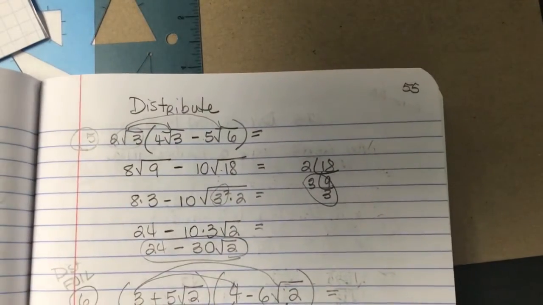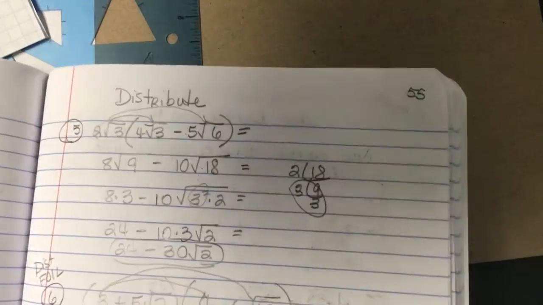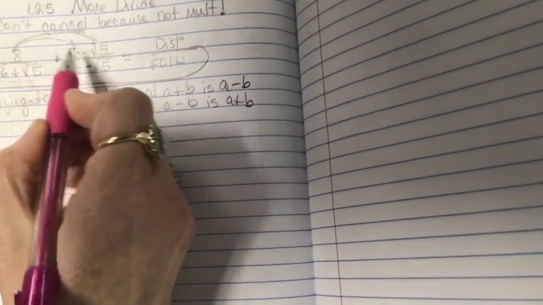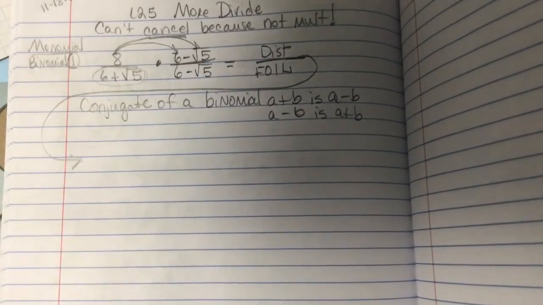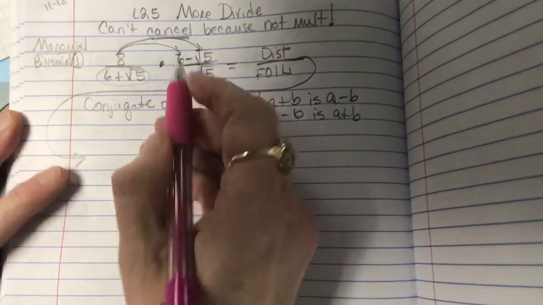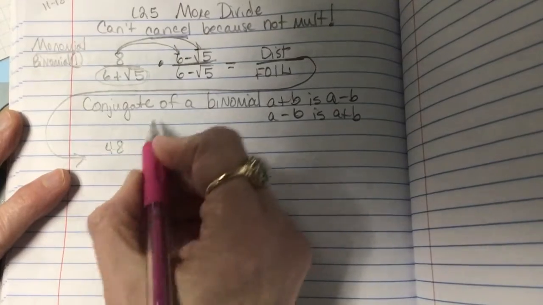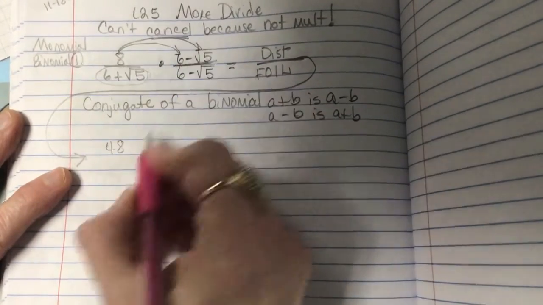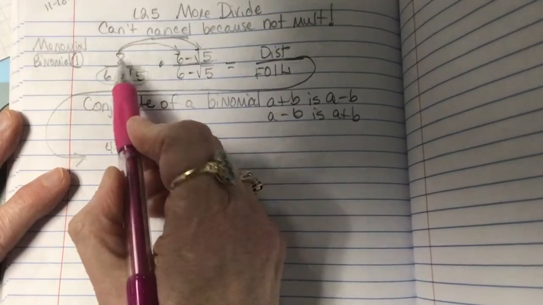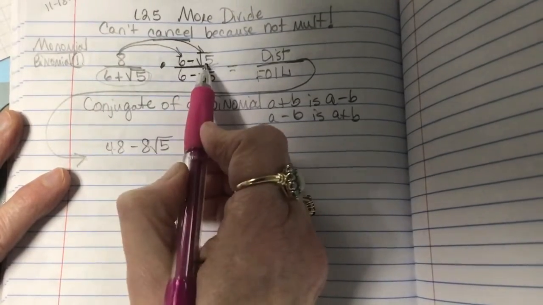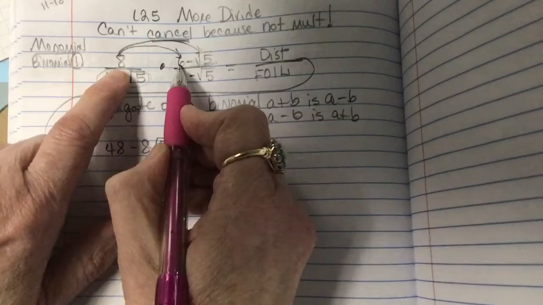Then we have one where we FOIL, and we're going to be using both of those from page 55. So on top, I'll take it slow, because once we get it, you've got the concept. It's just doing all the arithmetic. 8 times 6 is 48, and then 8 times negative 5 is negative 8 square root of 5. Notice the 8 was rational on the outside, and the 5 was inside, so that's why these were both outside.